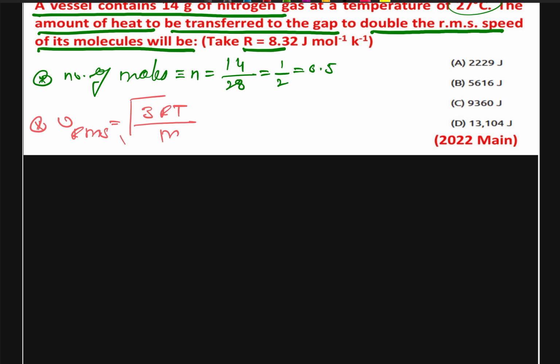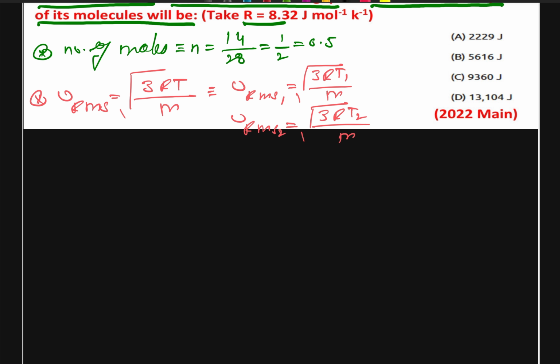Therefore, we can say that VRMS 1 is equal to the square root of 3RT1 upon M, and VRMS 2 is equal to the square root of 3RT2 upon M. And we want the RMS speed to double. Therefore, we can write that VRMS 2 should be equal to twice VRMS 1.